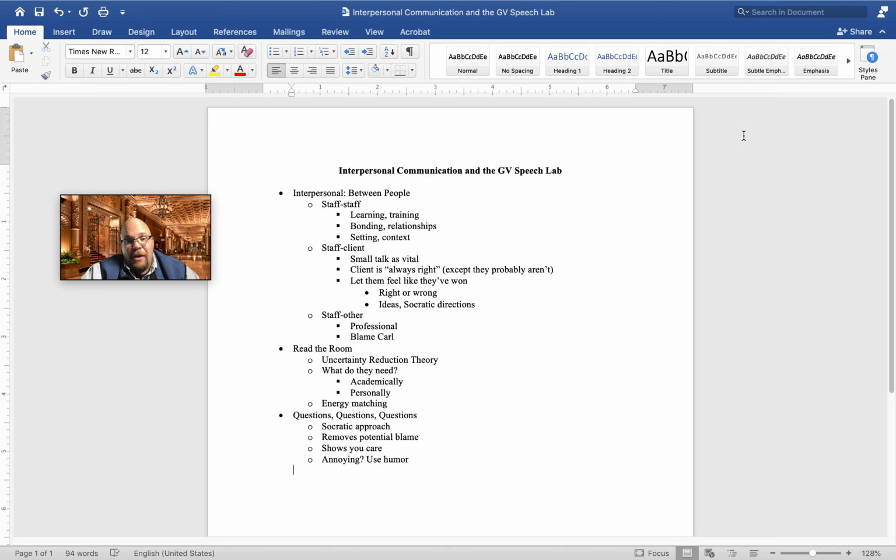But I do want to point out a couple of ideas that are important to consider. First of all, small talk is vital. And I don't mean to waste time or to treat them the way we treat each other in this very informal way. What I mean is it's important that we put our clients at ease. And so the way we do that is when we engage in small talk.